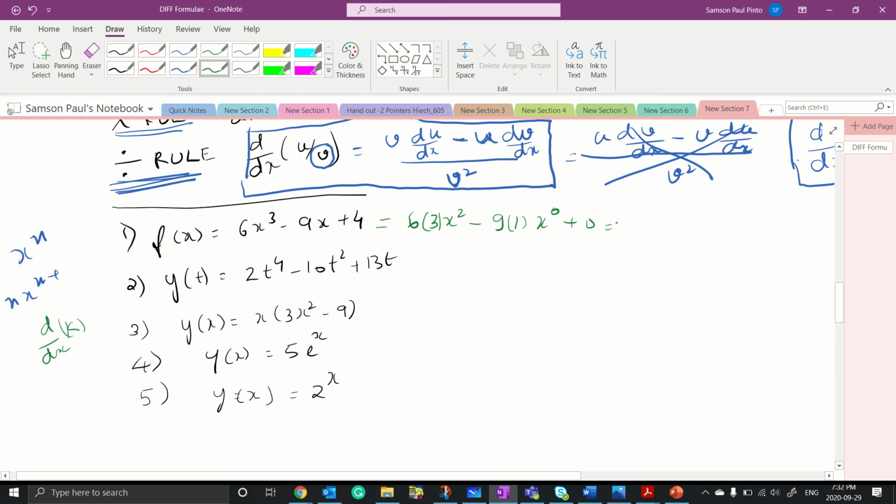So the whole term becomes 6 threes are 18x square minus 9. x to the power of 0 is essentially 1.